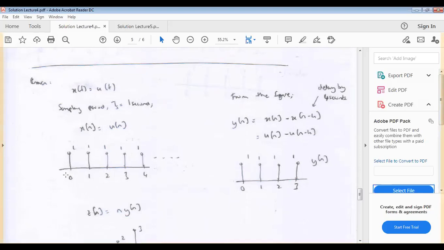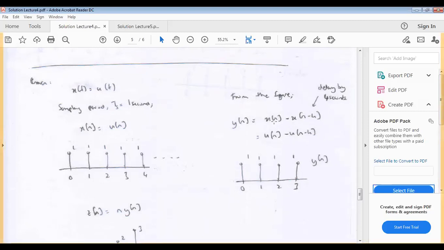One second means that for every 1 second, assuming this is a second unit, we have 0, 1, 2, 3, 4, and so on. So xn is given to be un, which can be sketched as a step function. Now we need to find yn. As we have discussed before, yn is a subtraction between two signals, xn minus xn minus 4, where this is a delay by 4 seconds.